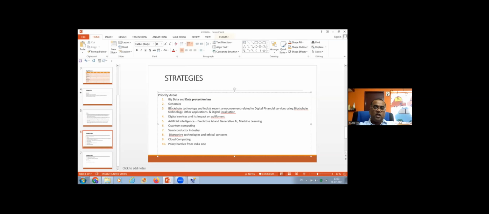And with regard to ICT, we cannot escape from blockchain technology. The government is taking huge measures in digital financial services, and especially the word digital localization is getting very prominent. So kindly go through blockchain technology.